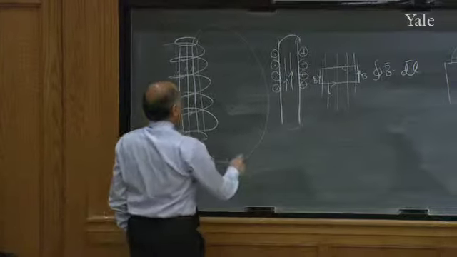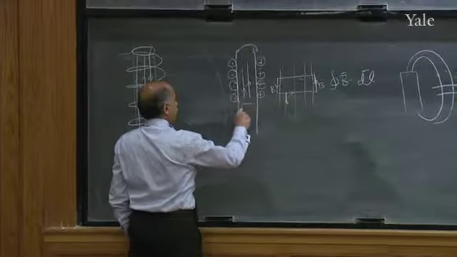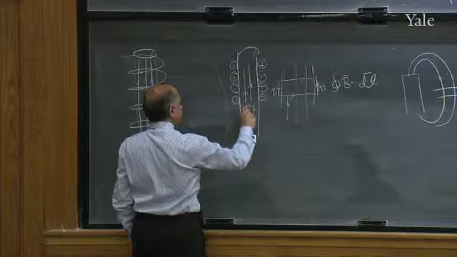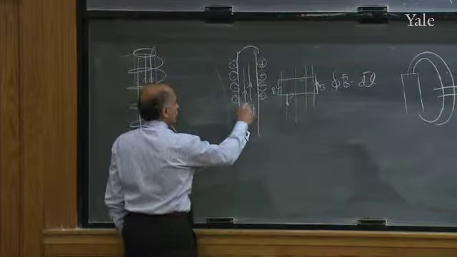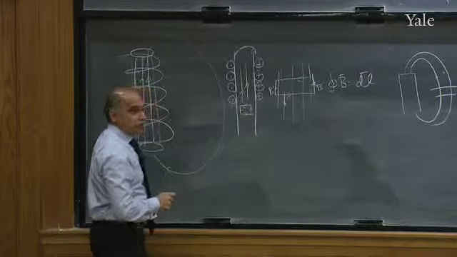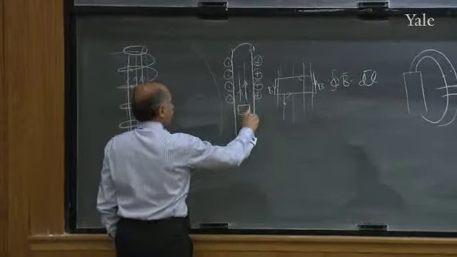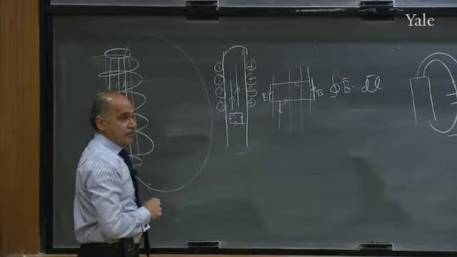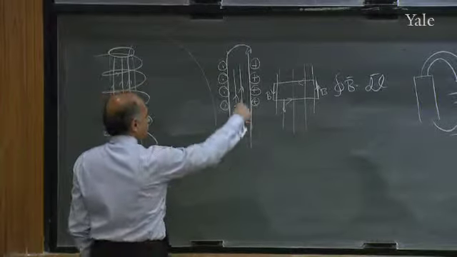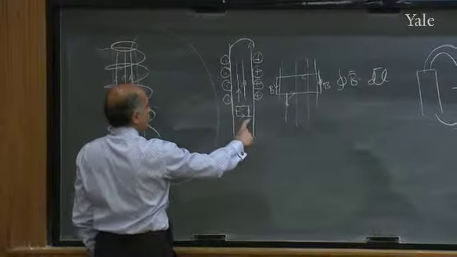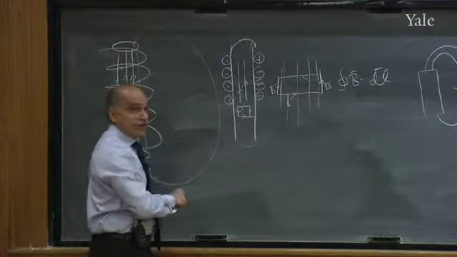The argument will be, take an Amperian loop like this one. The two sides, this and that, do not contribute because they're perpendicular to the field. These two better make canceling contributions. And this is going up and that's going down. For them to cancel, the strength of the field here must be the same as the strength here.